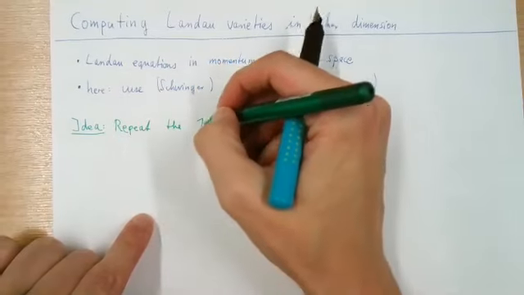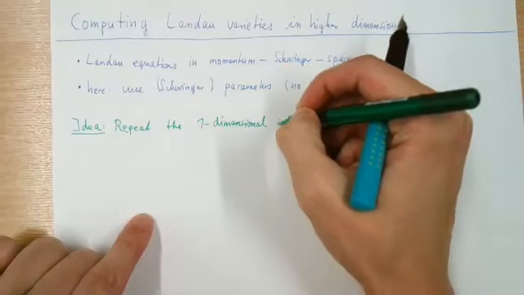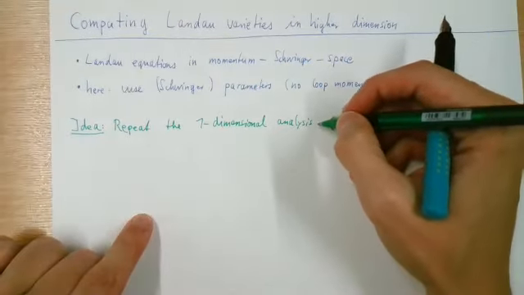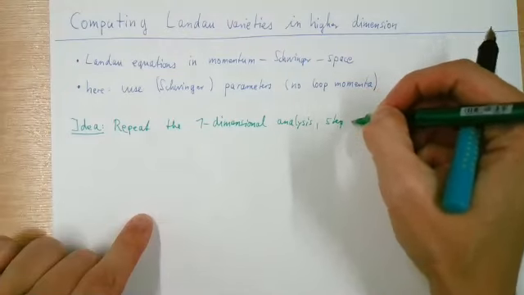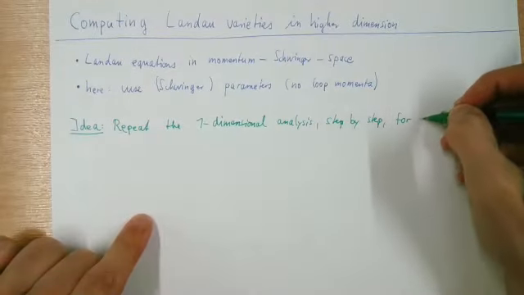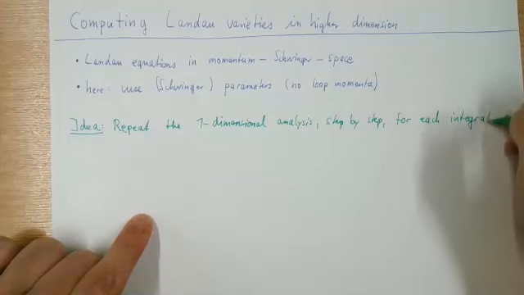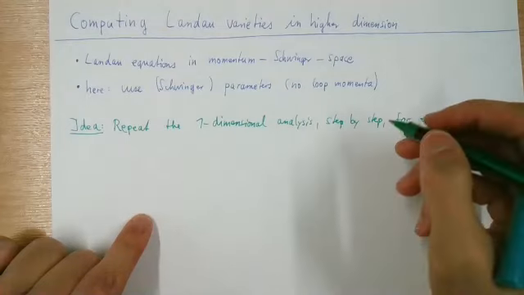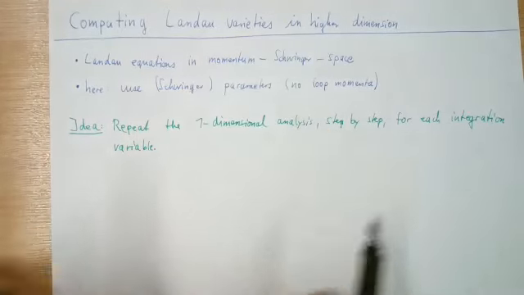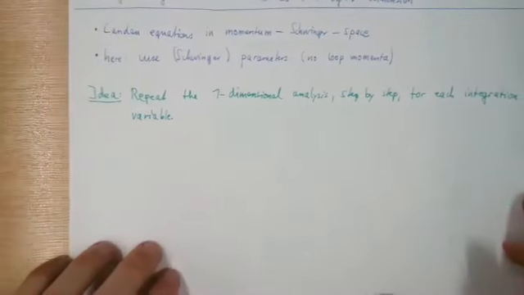So we repeat the one-dimensional analysis step by step for each integration variable. So for each Schwinger parameter. So this means we have a lot of intermediate stages and intermediate Landau varieties.